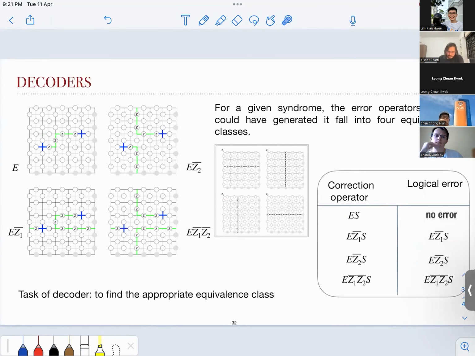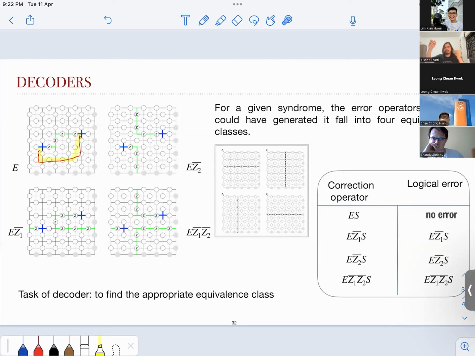So given a certain error, you can definitely correct it. But maybe you ended up correcting it in a way that applies a logical Z error.